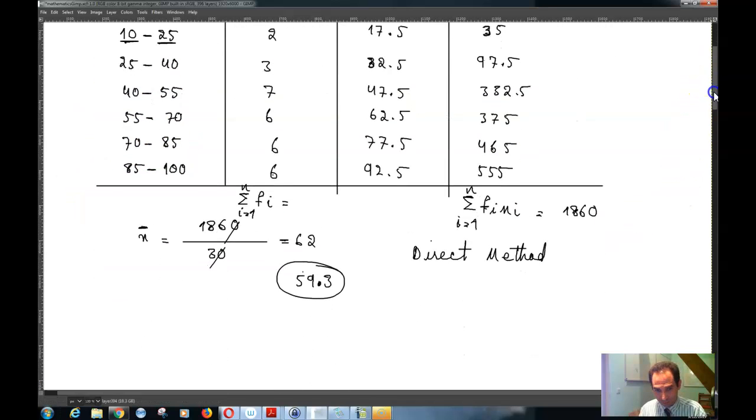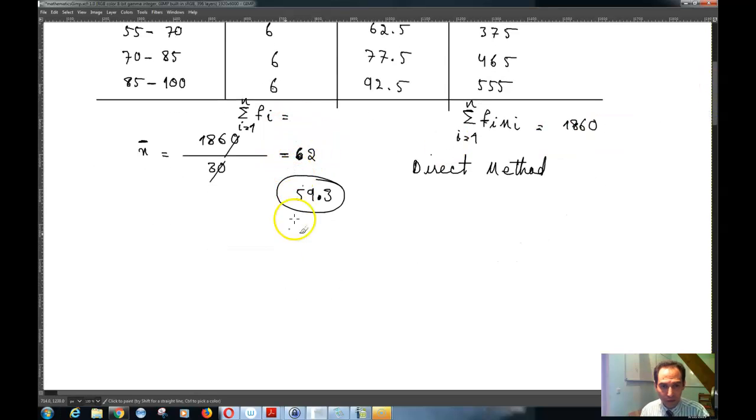Then you see the difference is 62 minus 59.3, so that's 2.7. I don't know how many percent of the original value 2.7 is.